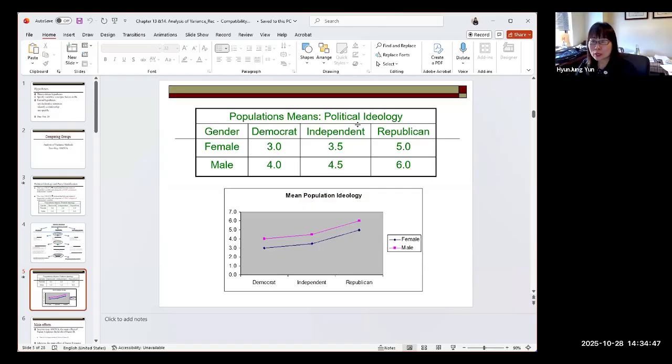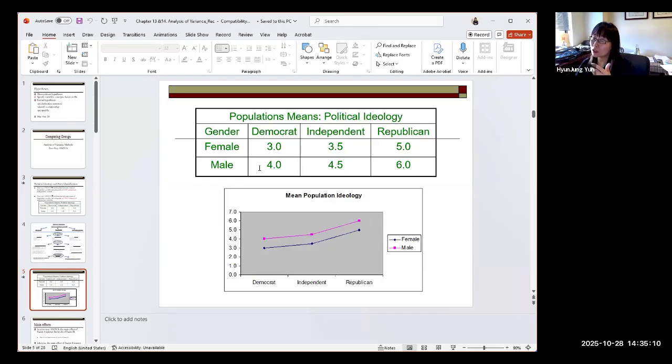When we run the total numbers, ignoring gender and just measuring Democrat, Independent, Republican, we see ideology tends to be more conservative as it goes from Democrat to Independent to Republican.